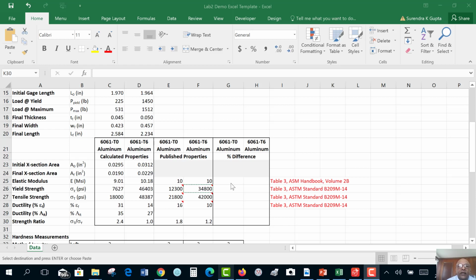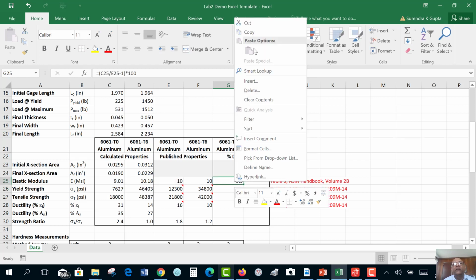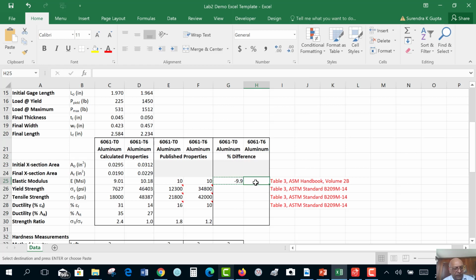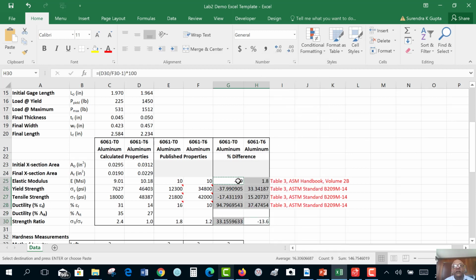Okay, so now let's calculate percent difference. So our percent difference is going to be measured value divided by expected value minus 1 times 100. So we are going to copy this formula here, here, here, and paste these formulas.